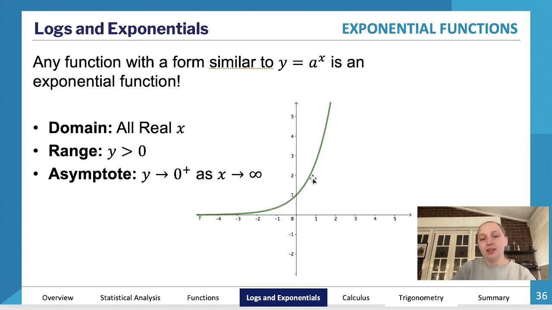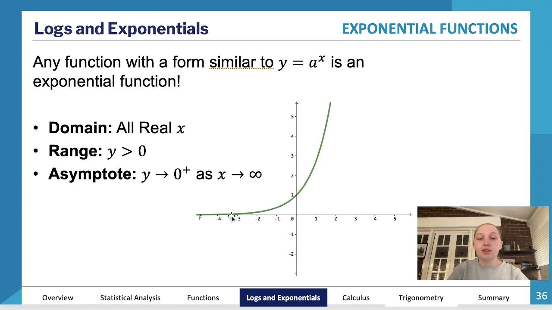And then here, in case you haven't seen the exponential function, this is what it looks like. Any function with the form y equals a to the x is an exponential function. Just like our log function, we do have all real x, sorry, not like our log function, I got a little confused there.